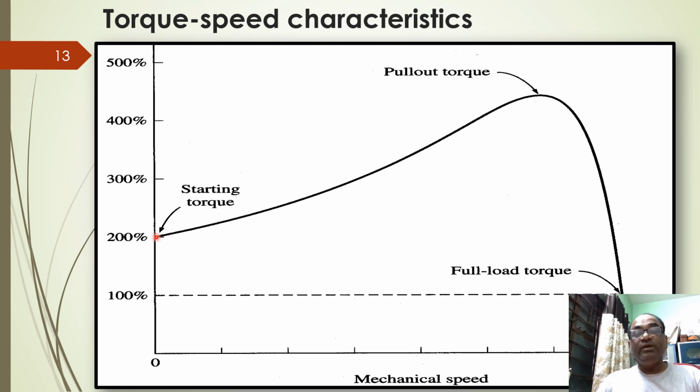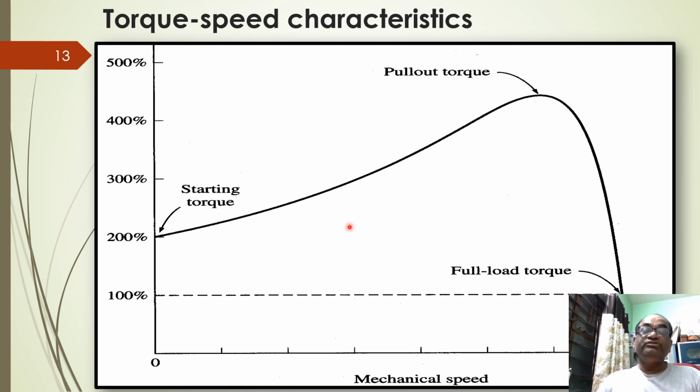In some of the cases, your motor sometimes fails to start the load where this starting torque is not sufficient enough to start the load. So in that case, you will have to add resistance in the rotor circuit, that is SRIM, slip-ring induction motor. That will improve its starting torque while keeping the pull-out torque the same.